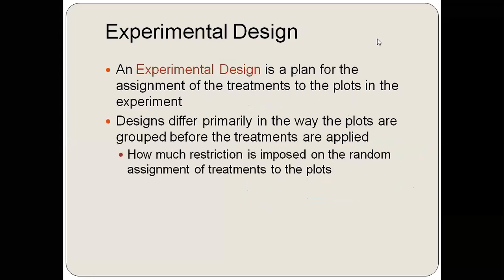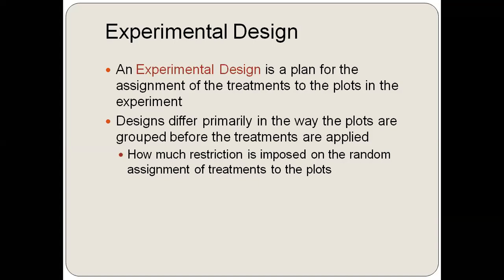So designs differ primarily in the way the plots are grouped before the treatments are applied. So design initially gives the information about how the grouping is done before the treatment is applied, and how much restriction is imposed on random assignment of treatments to the plots.